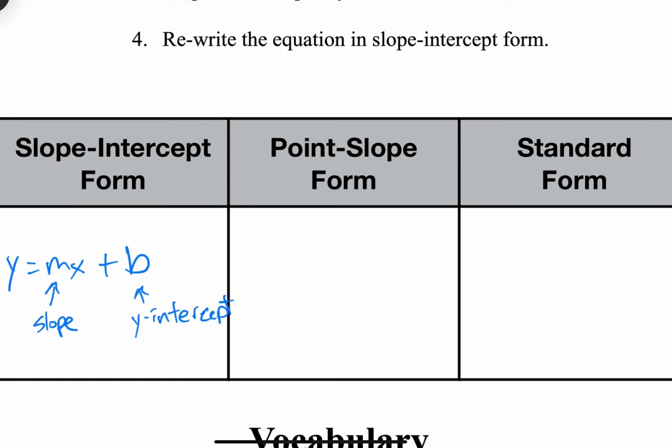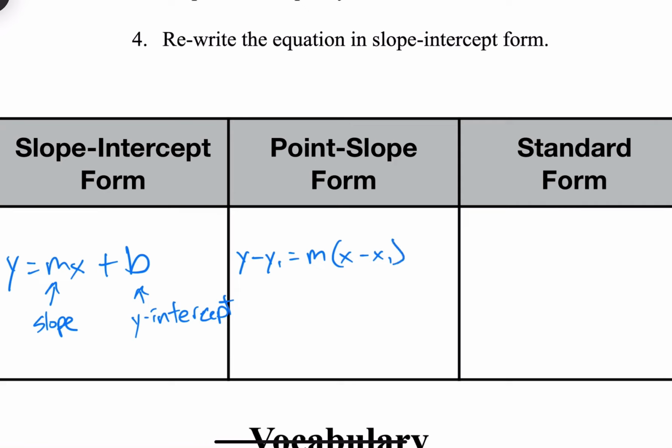Point slope form, we would use this format if we were given the slope of a line and maybe one point on that line. If we have that type of scenario, then we would use point slope form. And the format for that looks like this. y minus y1 equals m times x minus x1.